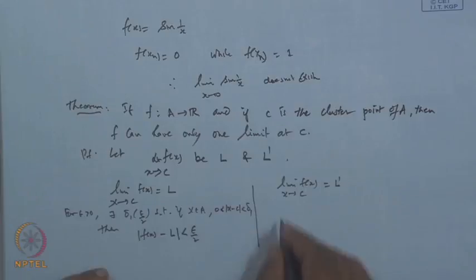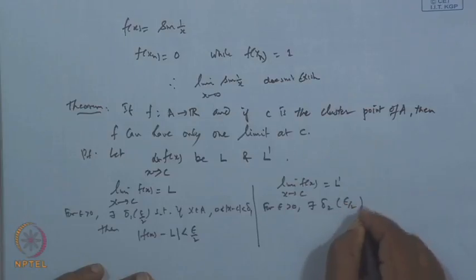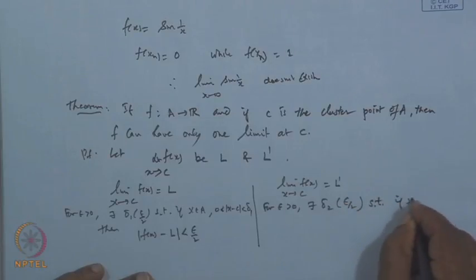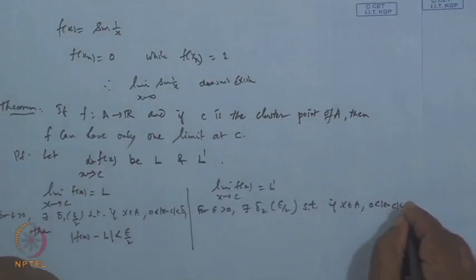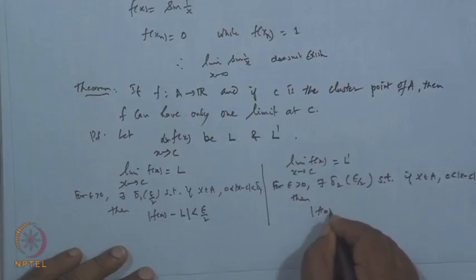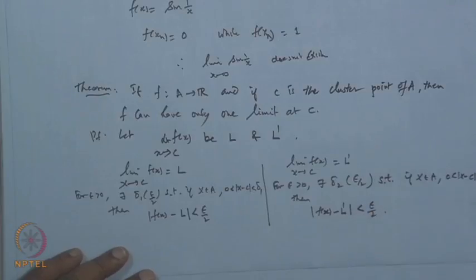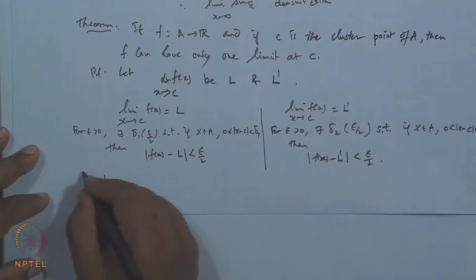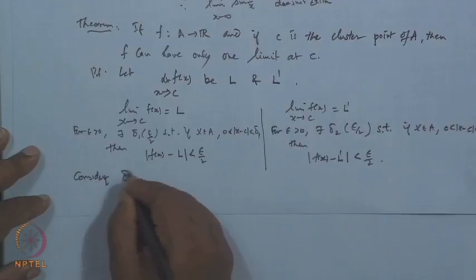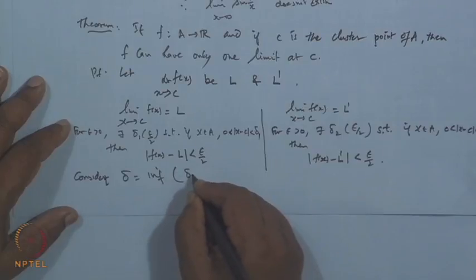Similarly, for the same epsilon greater than 0, there exists a delta 2 which depends on epsilon by 2 such that if x belongs to A and 0 is less than mod x minus C less than delta 2, then mod of f x minus L dash is less than epsilon by 2 for all such x. Now, consider delta to be the infimum of delta 1 and delta 2.